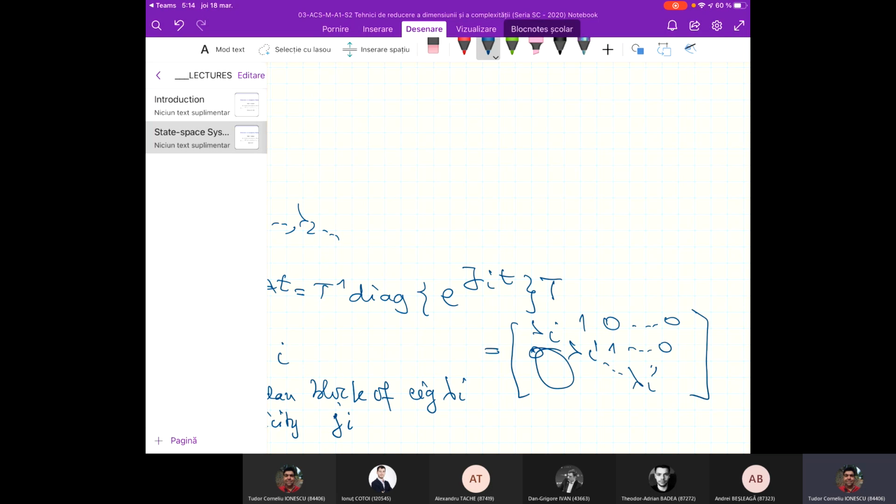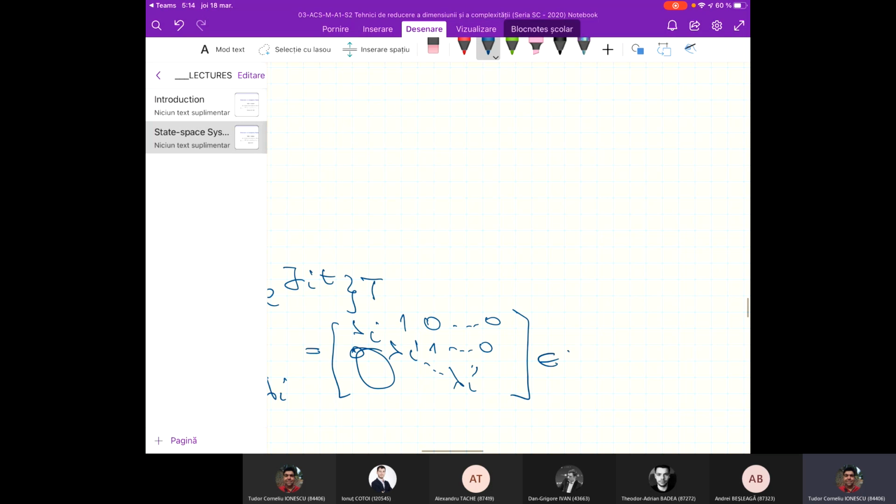This is the Jordan block associated with a multiple eigenvalue lambda i, of dimension m_i times m_i.